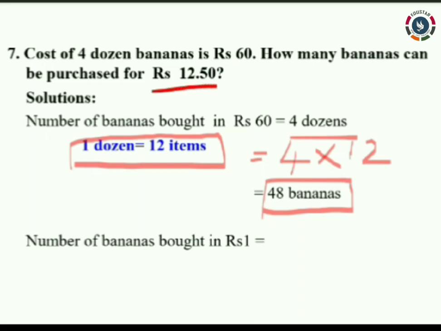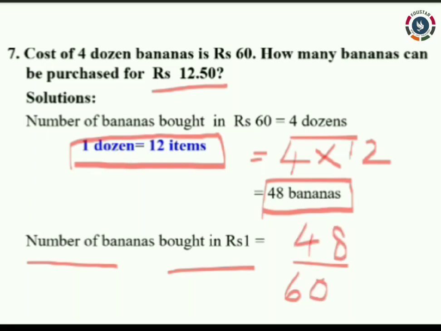Now you have to find for 12 rupees 50 paise, right? Unitary method means first you have to find the value of one amount, then you have to find the required amount. So here, for rupees 12.50 how many bananas you can buy, right? So now I am going to find for rupees 1. Here the number of bananas is the unknown value and rupees is the known value, right? So you have to write rupees as the denominator. For 60 rupees you can buy 48 bananas.